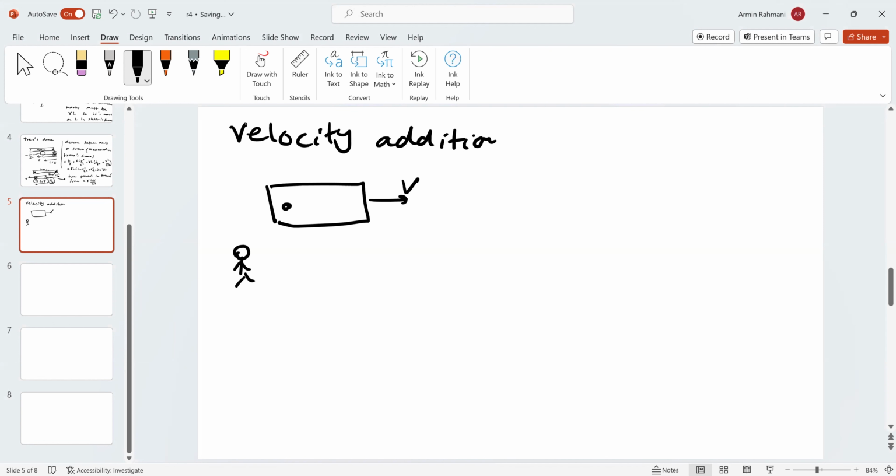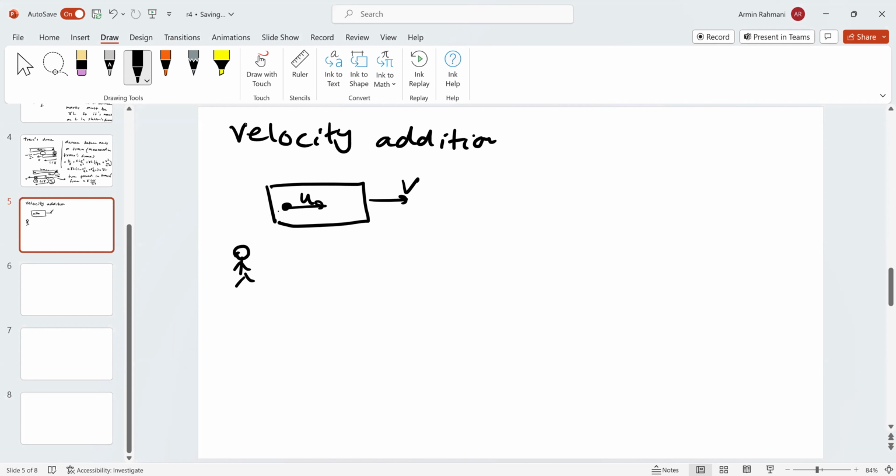And then there's an object that's moving with velocity u relative to S prime. And we want to see what is the velocity of that object from the point of view of this observer that's standing still outside.